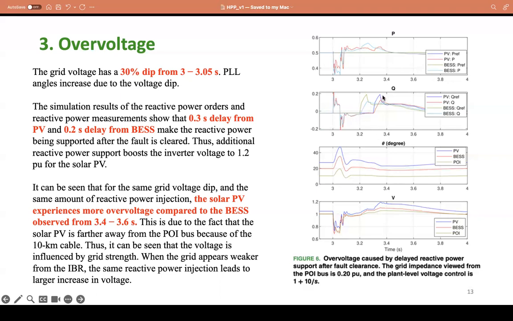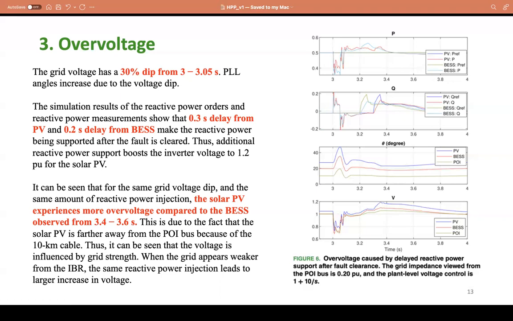But that's okay. But let's say the reactive power in the solar PV now starts to have 300 milliseconds delay. Now that one starts to increase again. It's the order, then it follows the response. Now what will happen? The voltage again will increase, especially on the solar PV side. Now it achieves 120%.